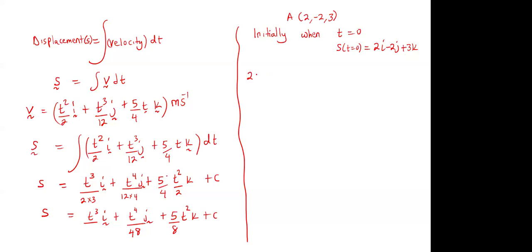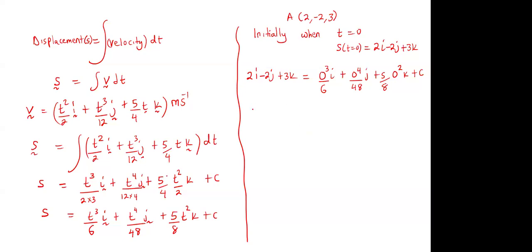So when t is equal to 0, where there is S, we shall substitute this. So I will say 2i minus 2j plus 3k will equal 0 cubed over 6 i plus 0 to the power 4 over 48 j plus 5 over 8 times 0 squared k, then plus c.